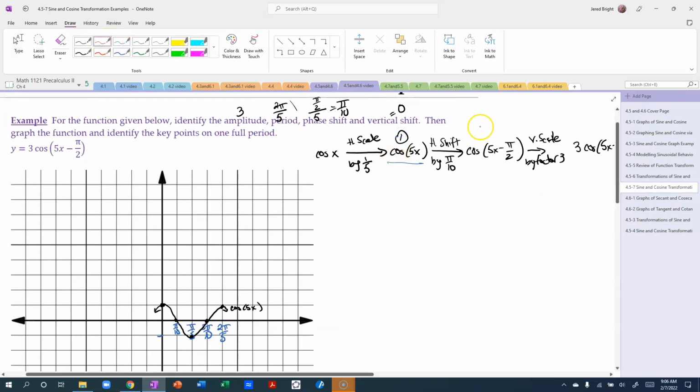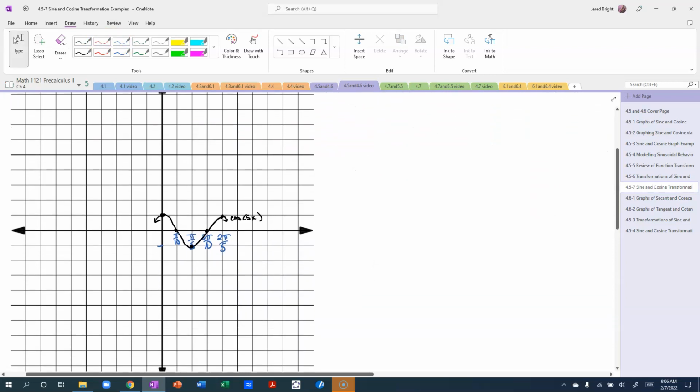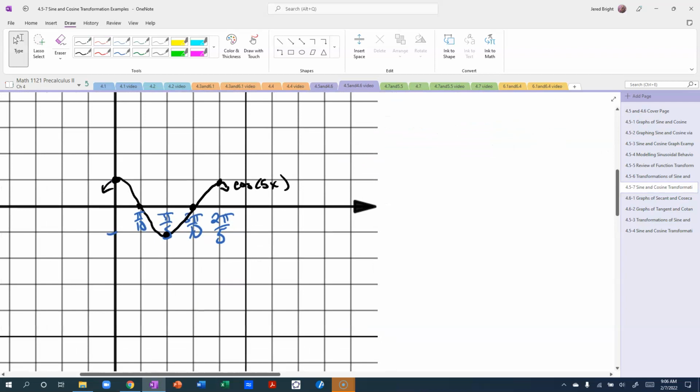Next, I'm going to do the horizontal shift, so I need to shift it all by pi over 10, which happens to be my horizontal scale, or my horizontal increment, that's the language I use. And again, if you need to determine increments, you would take the period and divide it into 4.